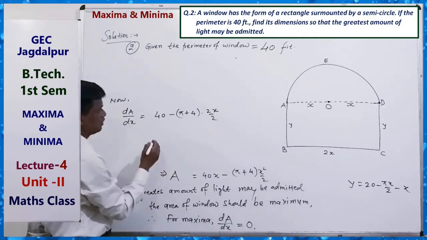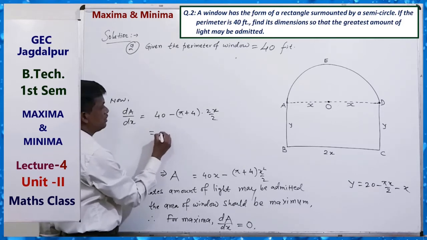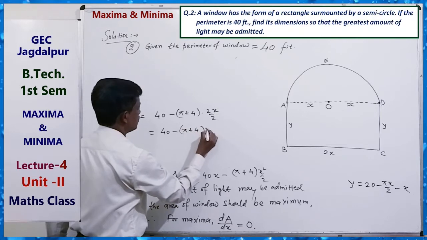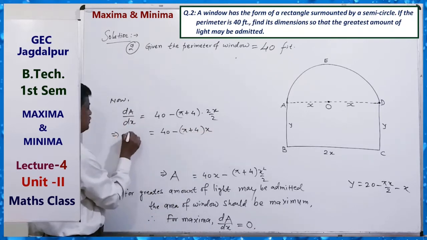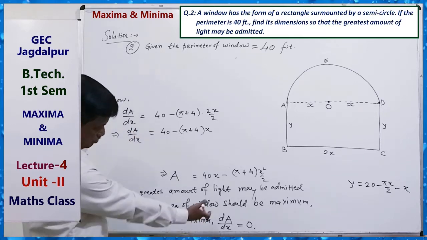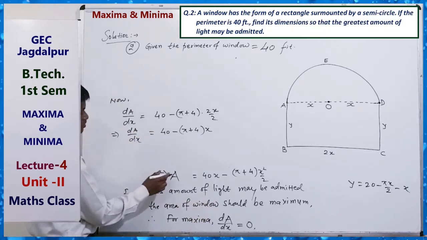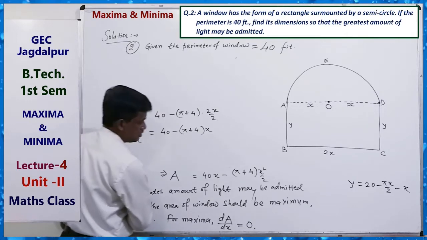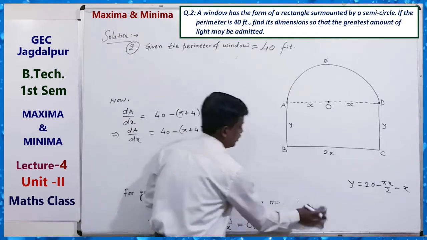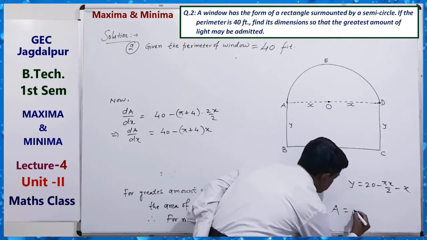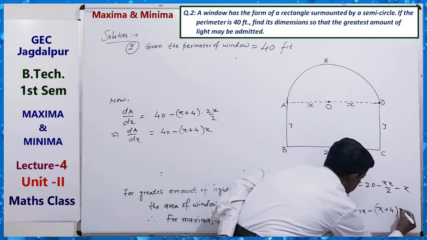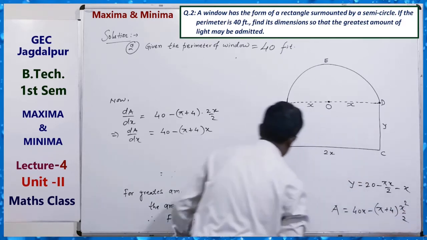Now this is equal to 40 minus (pi plus 4) into x. This is dA by dx, and dA by dx equals 0. Note down that A equals 40x minus (pi plus 4) x square by 2.